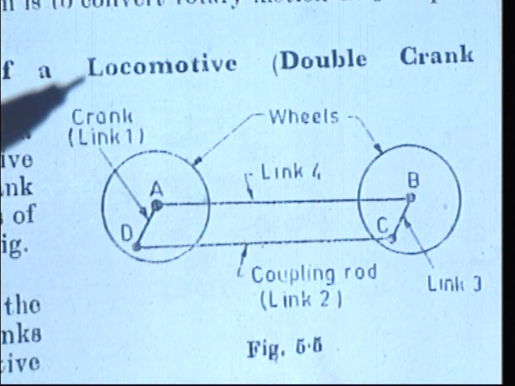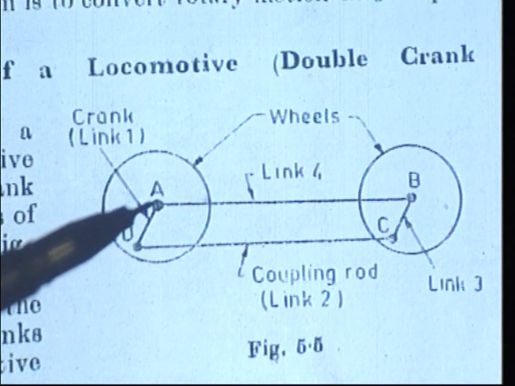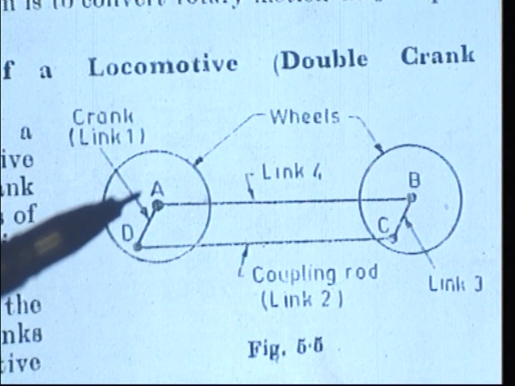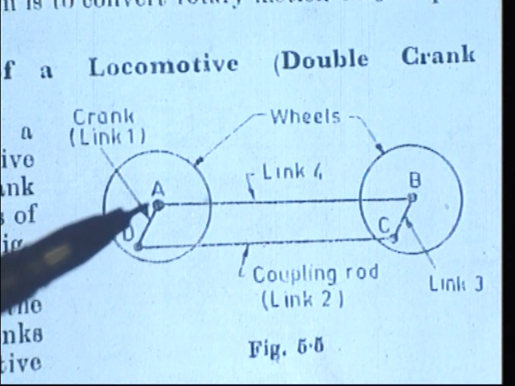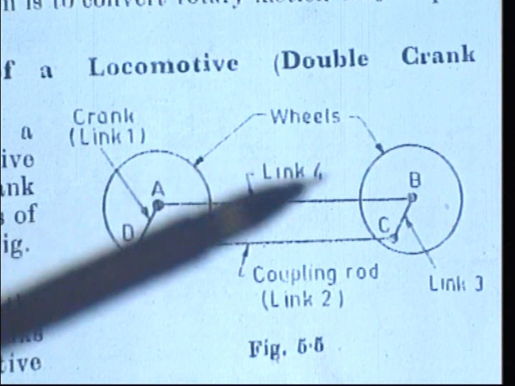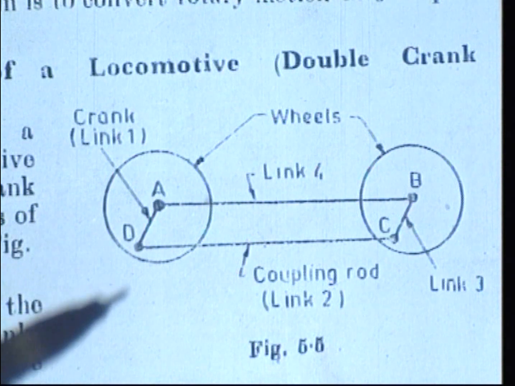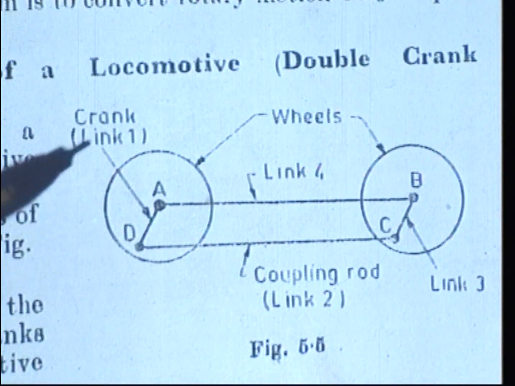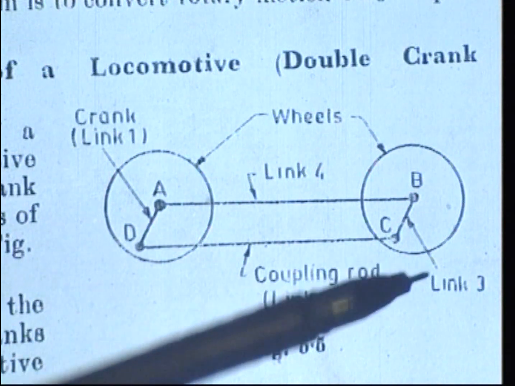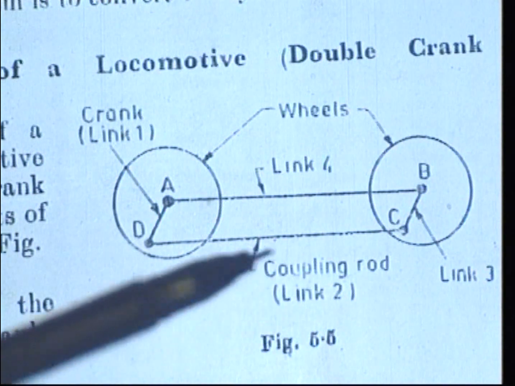They act as cranks to the respective fixed link, and they rotate about the pivotal points A and B. Hence, we have 2 cranks in the system, link 1 and link 3, and link 2 is a coupling rod.